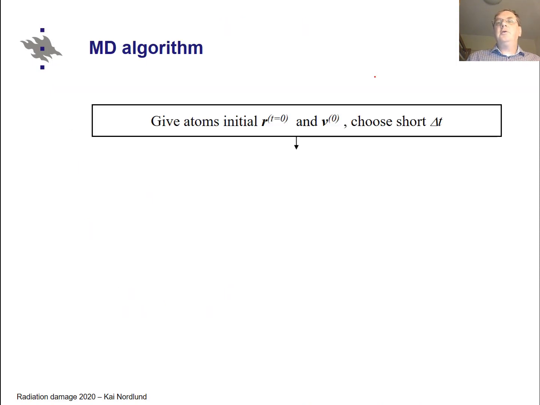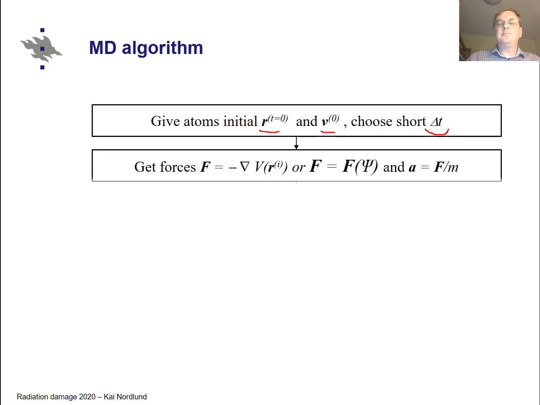So to get more scientific, the basic idea of the molecular dynamics algorithm is actually very simple. You set the initial conditions: you give atoms initial positions and initial velocities, and then choose a short time step delta t over which you iterate. Then comes the crucial physics input in molecular dynamics: you get the forces acting between atoms.